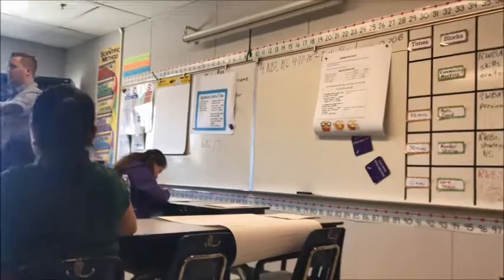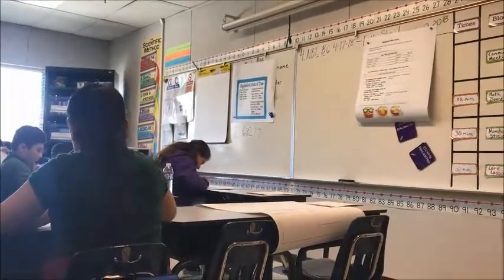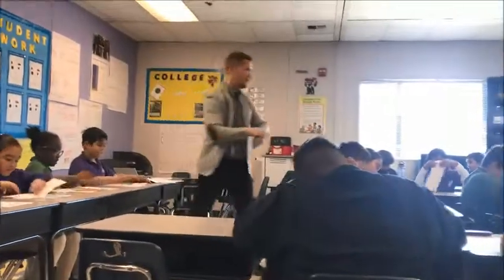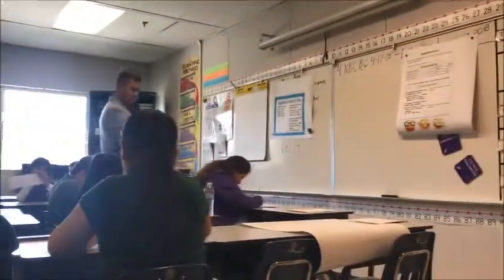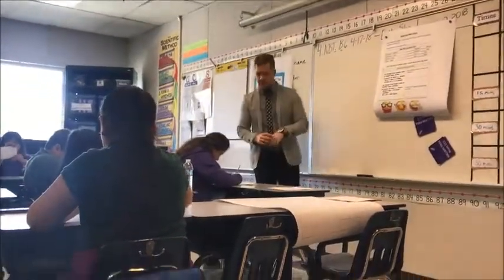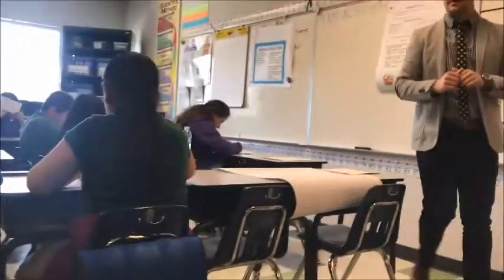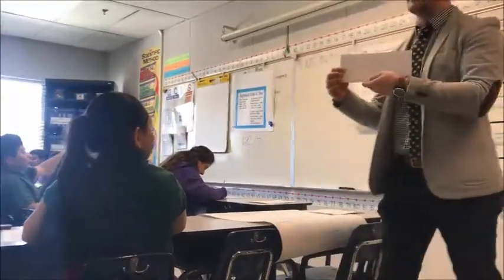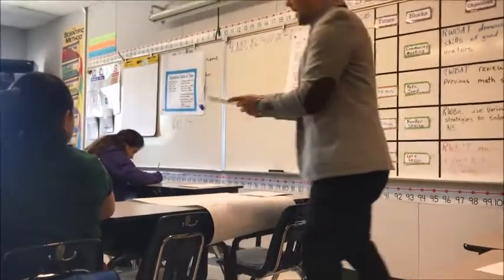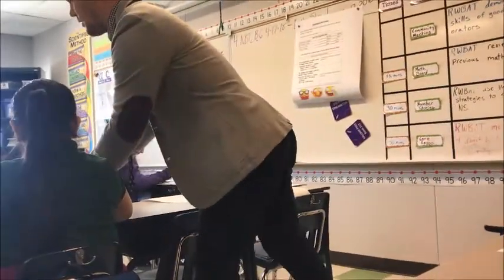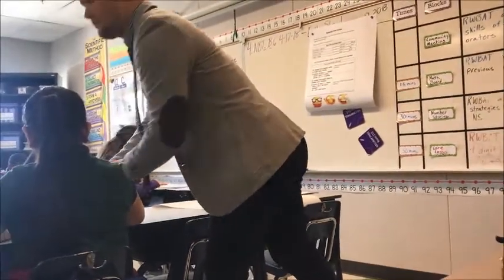30 seconds. We don't have a lot of time. Yep, exactly. There we go. I need to see your names very large, just like Ashley has it right here. Ashley has her name written down for me so I can see it.